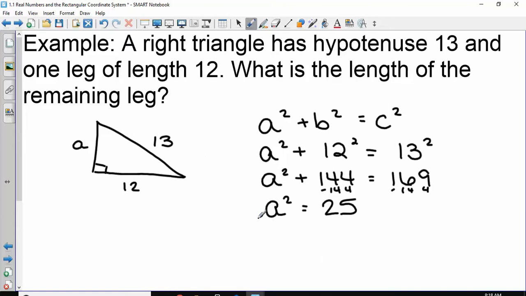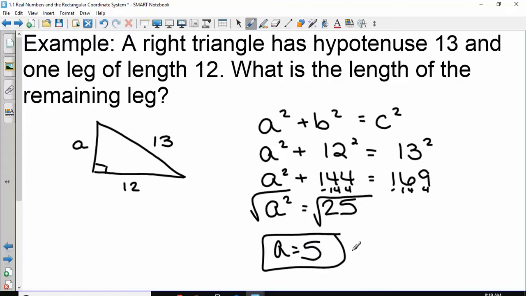Then the opposite of a square is a square root. Anytime you take a square root, you're supposed to add a plus and a minus with it. Would I need that here? Can you draw me a triangle that has a side length of -5? No. So even though we're taking a square root, since we're talking about a length, it can't be negative, so I only have to do the positive, and I get 5.